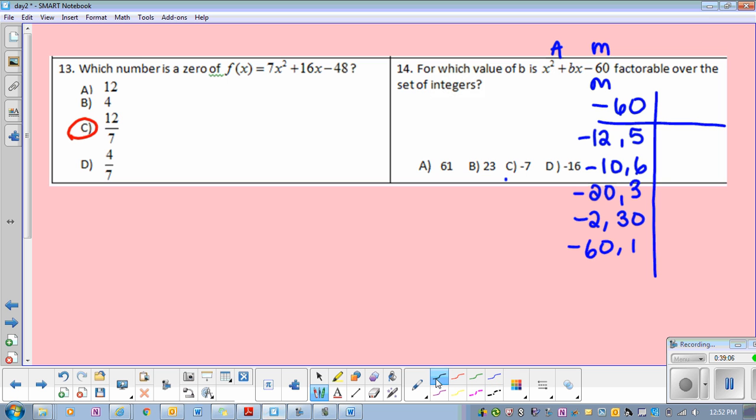But when you do that, this gives you negative 7, negative 4, or the other way, depending on which number gets the negative sign. So then negative 7. Yep, so C. Questions about that?